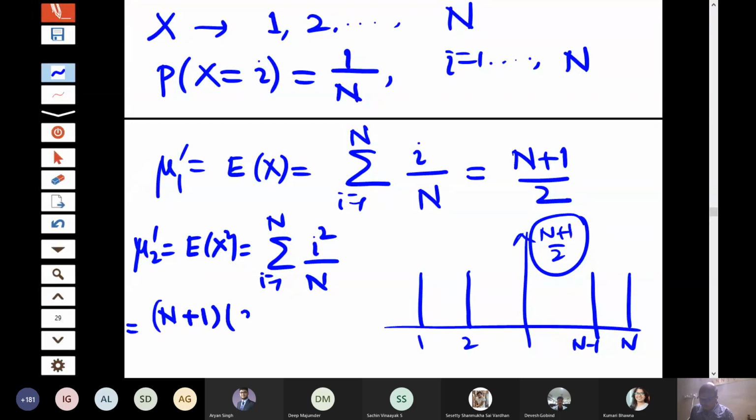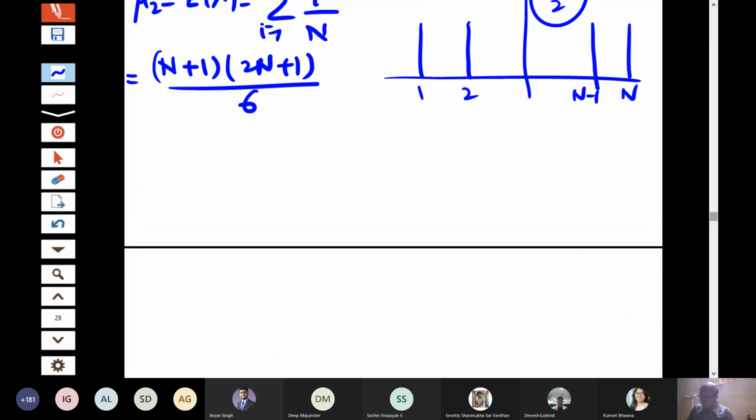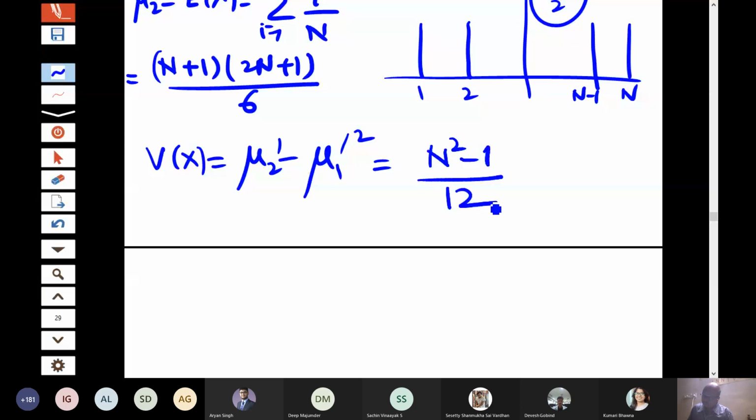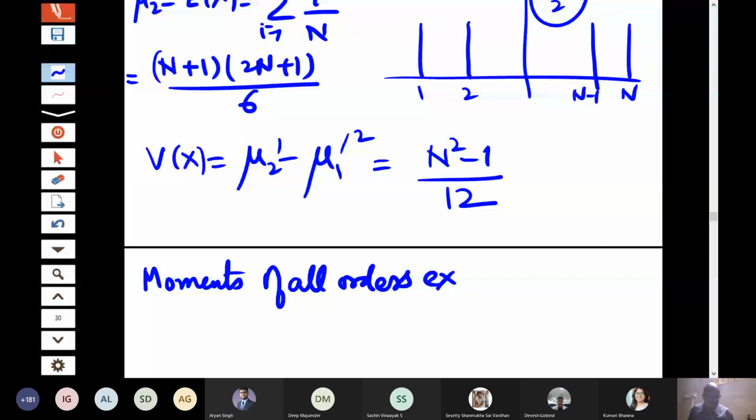So from here you can calculate the variance, which is n square minus 1 by 12. So moments of all orders exist.